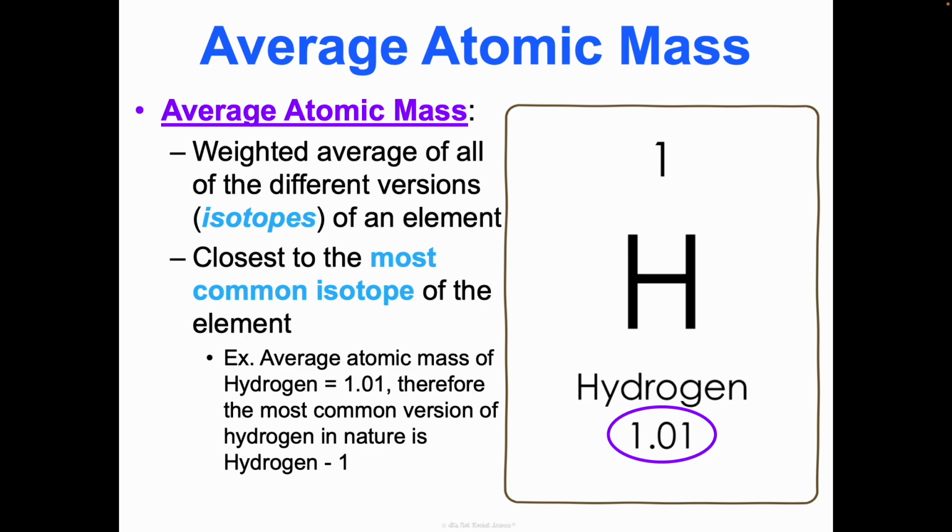In actuality, 51.8% of all naturally occurring silver is silver 107, and the other 48.2% is silver 109. So there actually isn't a silver 108. So this is not a perfect rule of thumb. It's just a general principle, okay?